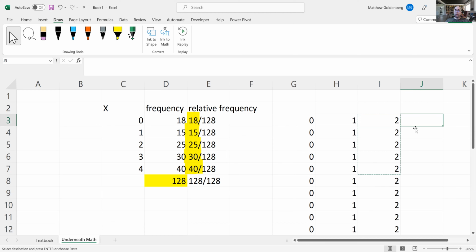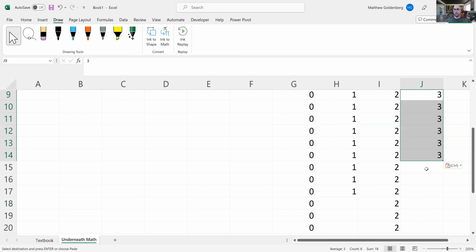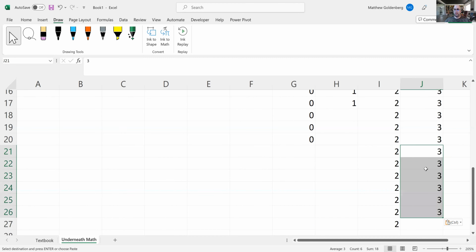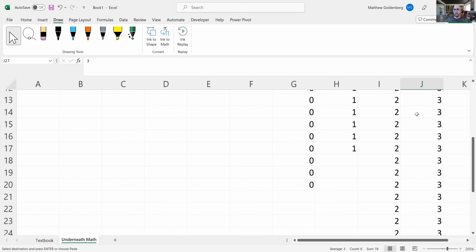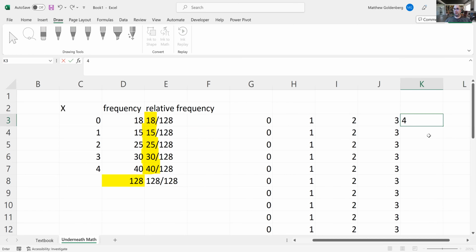There are 30 threes in your data set. And there are 40 fours in your data set.